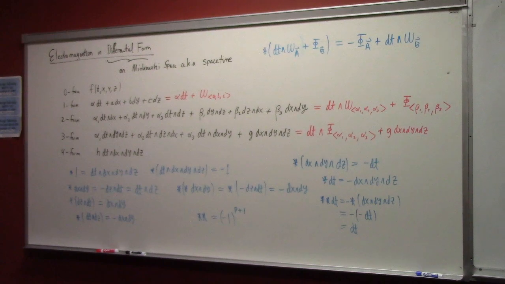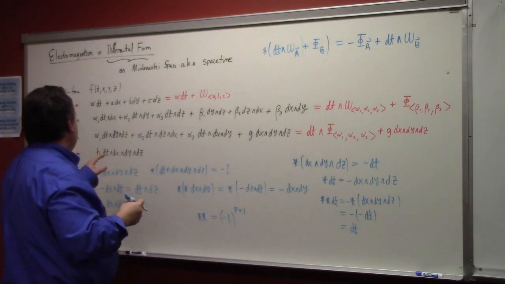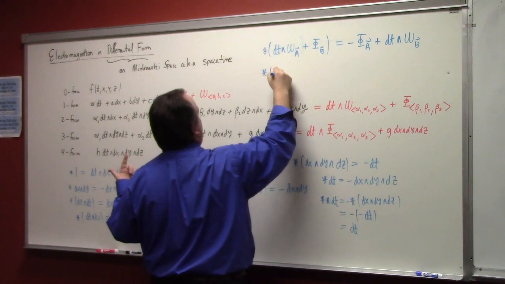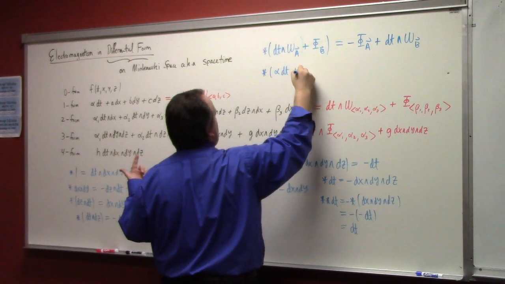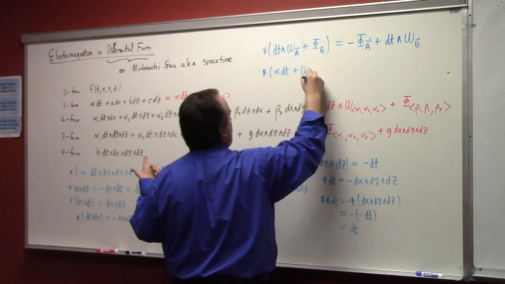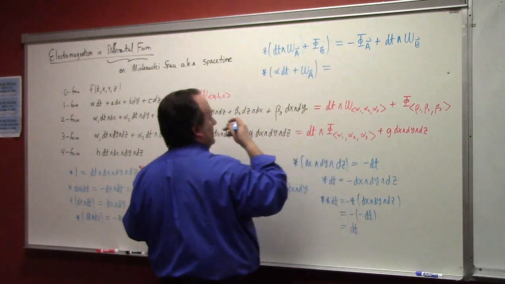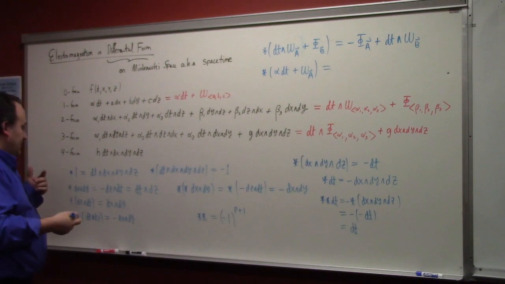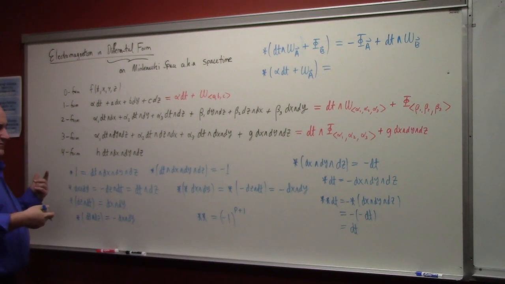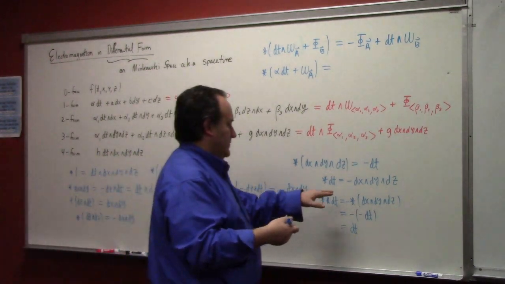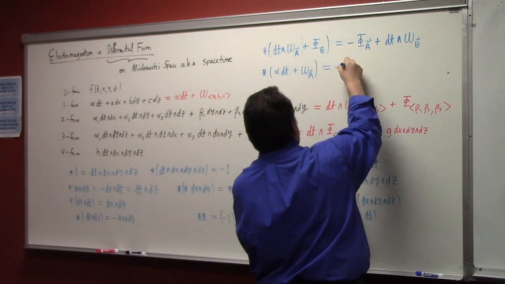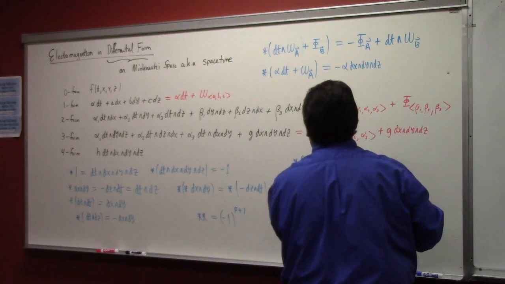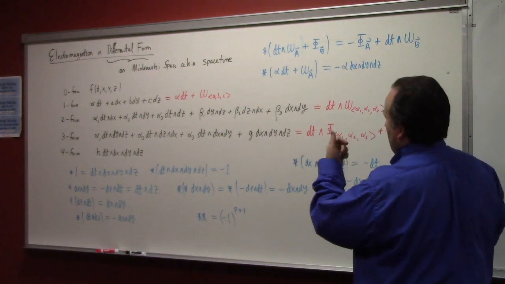And what's the Hodge dual of alpha dt plus the work form of a vector field A? Well, the Hodge dual of dt, I guess I haven't written it down. Oh, here it is. That's going to give you minus alpha dx wedge dy wedge dz. And let's see what happens with the work form.